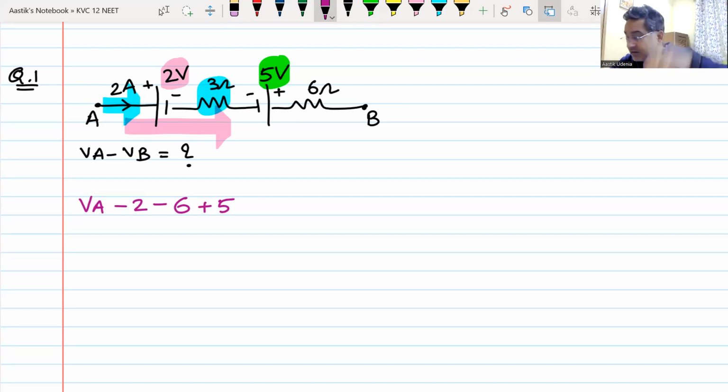Then I move across the last resistor, positive to negative. Plus or minus 12? Deep breath.